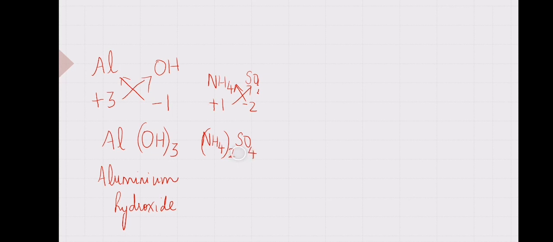Now coming to tin oxide. Tin symbol is Sn. Oxide symbol is O. For tin it is plus 4. For oxide it is minus 2.